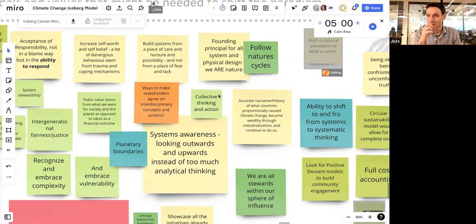Follow nature's cycle, founding principles for all systems and physical design. We are nature. Ways to make stakeholders agree on interdisciplinary concepts and actions. Build systems from a place of care and nurture and possibilities, and not from a place of fear and lack.